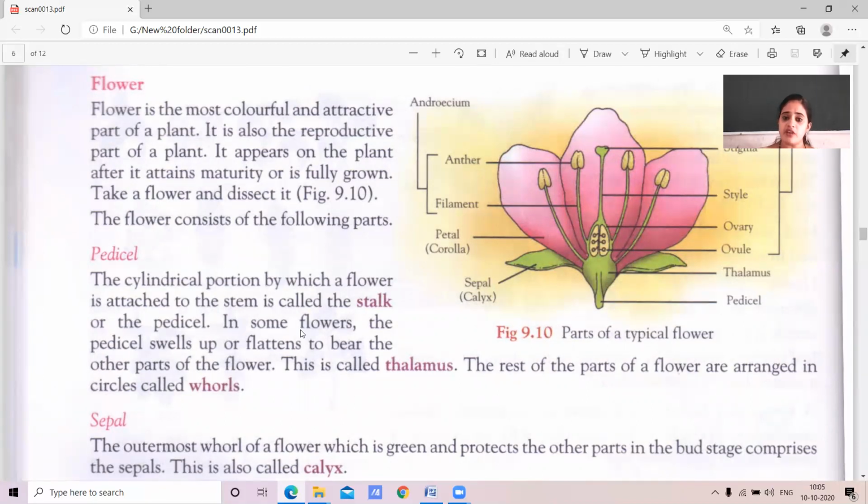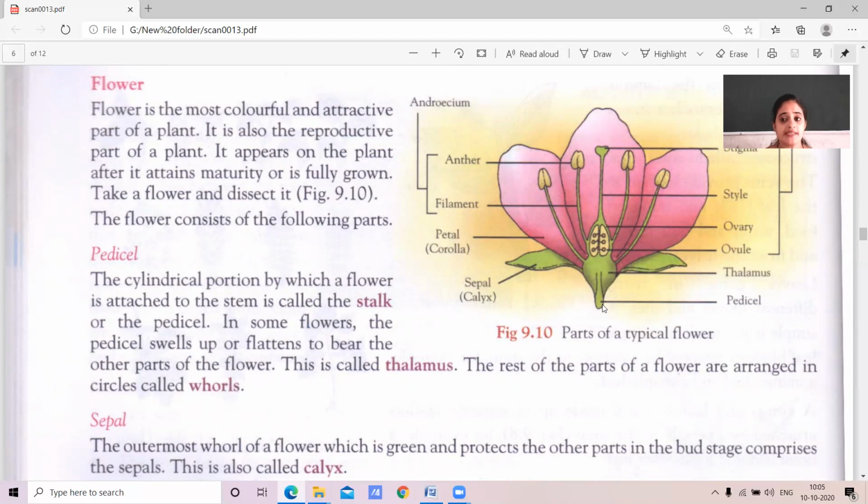If you take the flower, as you see in this picture, it consists of a base part called the pedicel. Yes, this is the cylindrical portion by which the flower is attached to the stem. That is the stalk part.